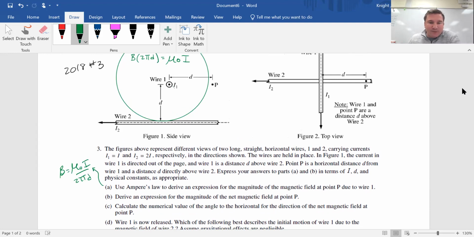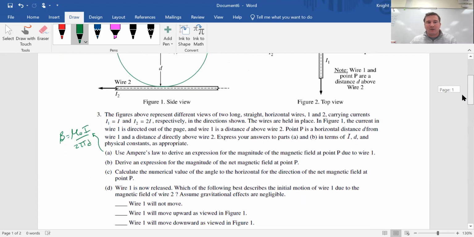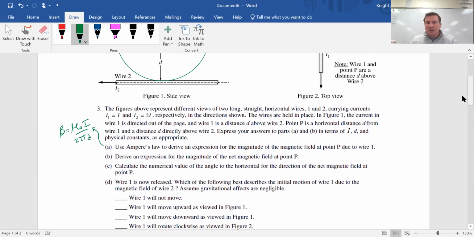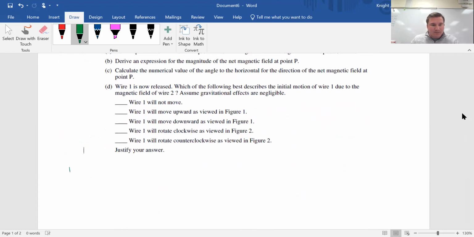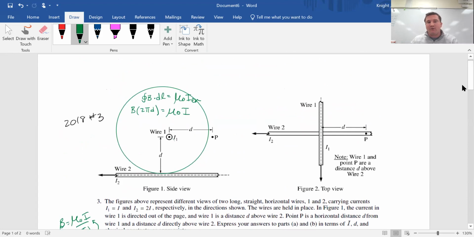Derive an expression for the magnitude of the net magnetic field at point P. That one's a little bit trickier. I have some space down below, so I'm going to do this one below. At point P, we actually have 2 magnetic fields, right?